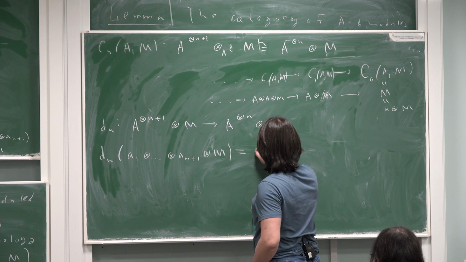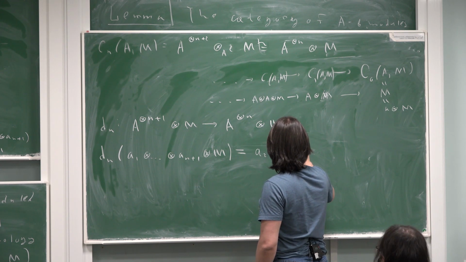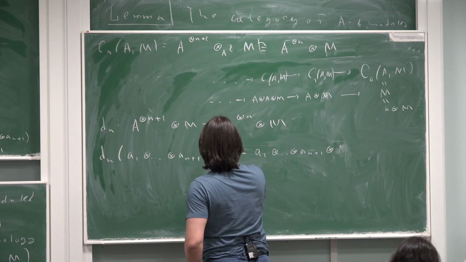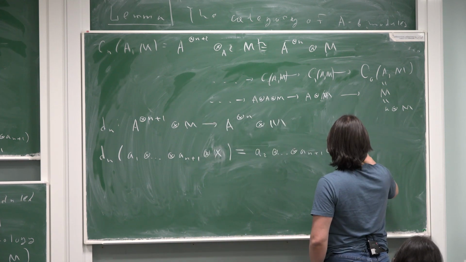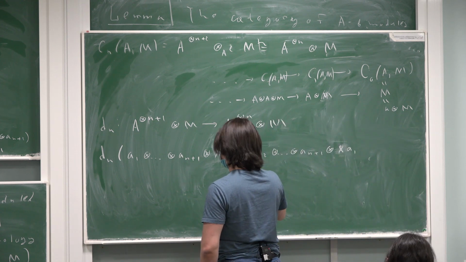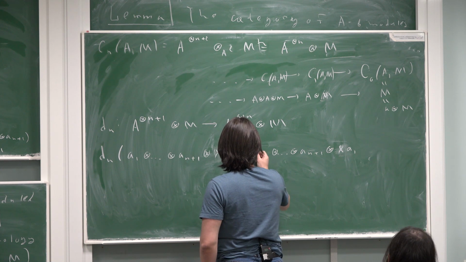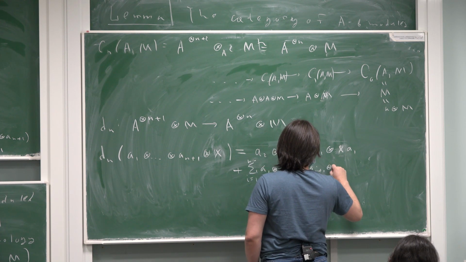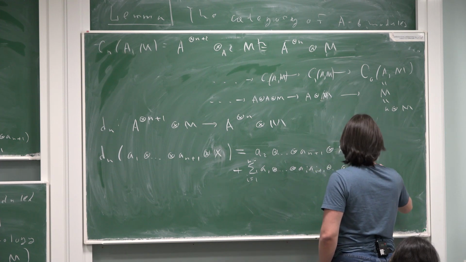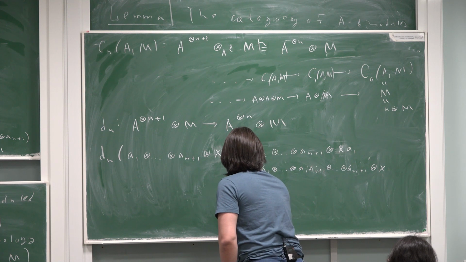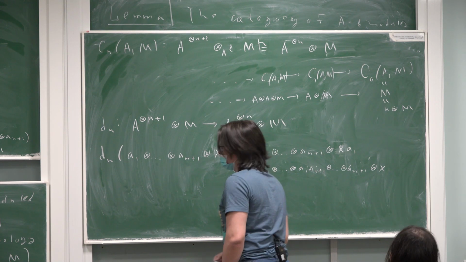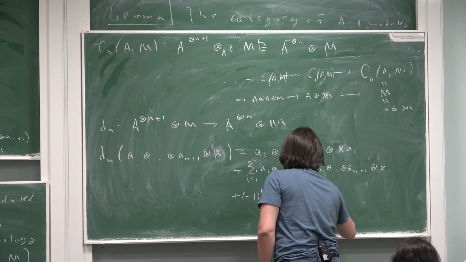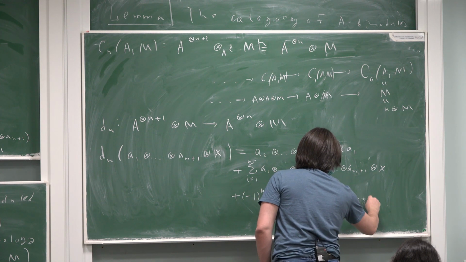First is a2 tensor so on tensor a_(n+1) tensor x a1, plus the sum for i from 1 to n of a1 tensor so on tensor a_i a_(i+1) tensor so on tensor a_(n+1) tensor x, and finally plus minus 1 to the (n plus 1)th power a1 tensor so on tensor a_n tensor a_(n+1) x.